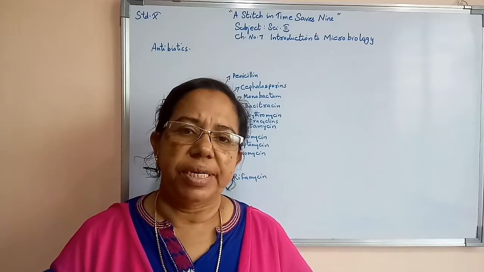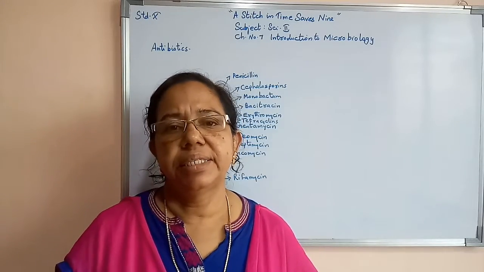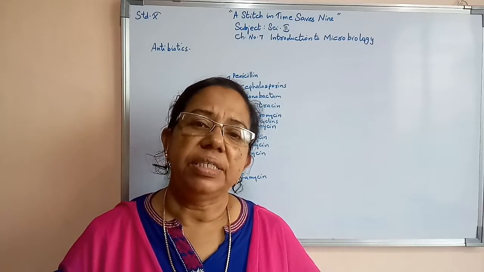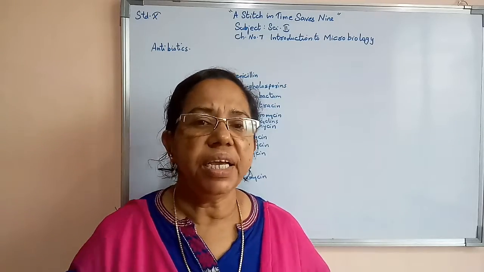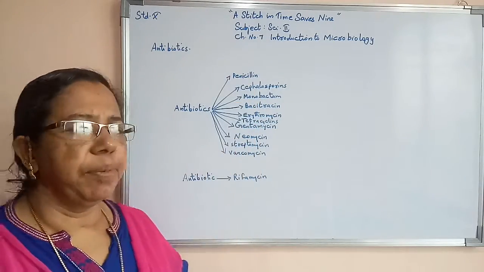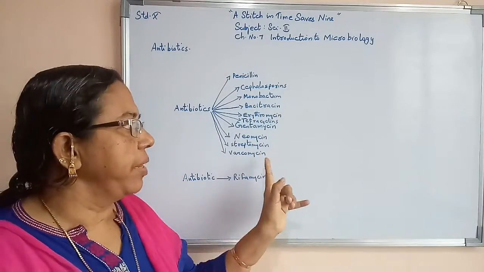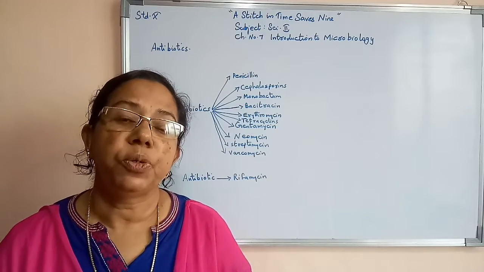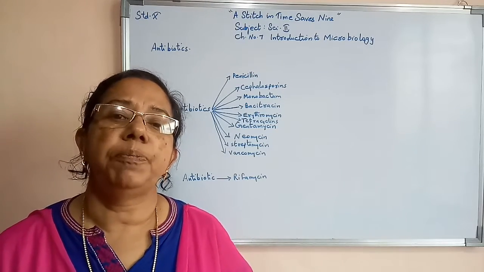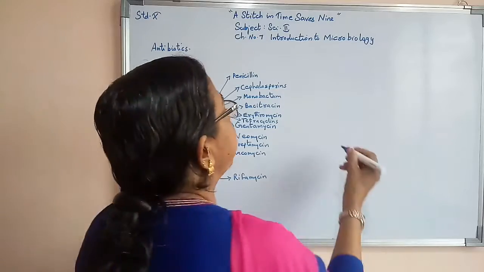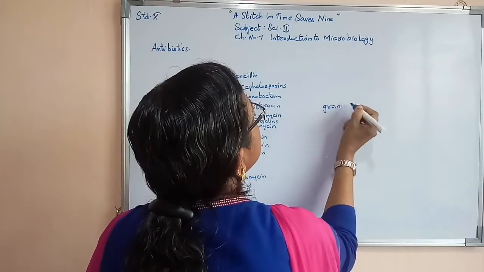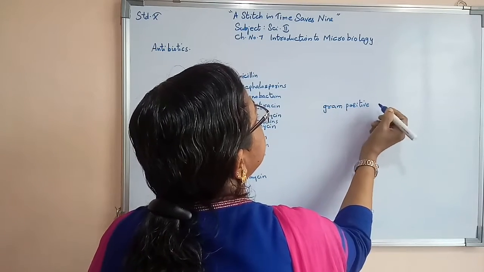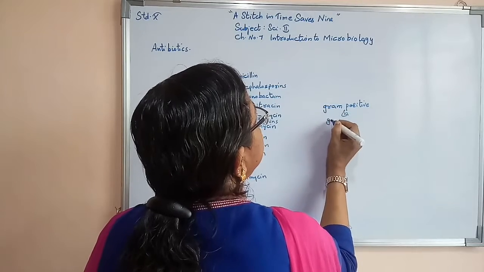What are antibiotics? Antibiotics are medicines which are produced from bacteria as well as fungus. Here we have different types of antibiotics. These antibiotics help to cure, control, or destroy gram positive and gram negative bacteria.